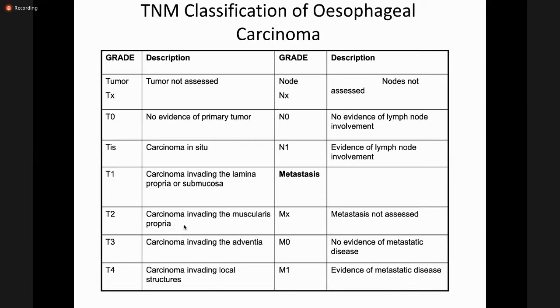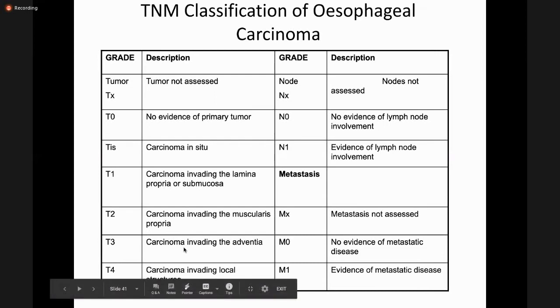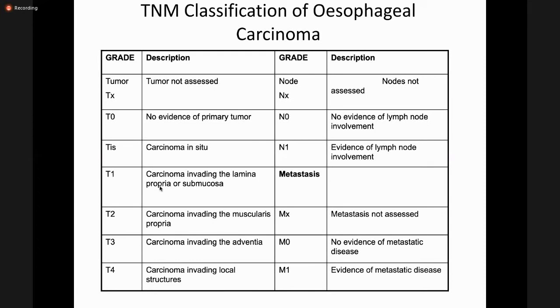T2 means that the muscularis propria is involved, and T3 when the adventitia is involved. So as you remember, the layers of the esophagus: first is the mucosa, then the submucosa. If it lies up to the submucosa, we call it T1.